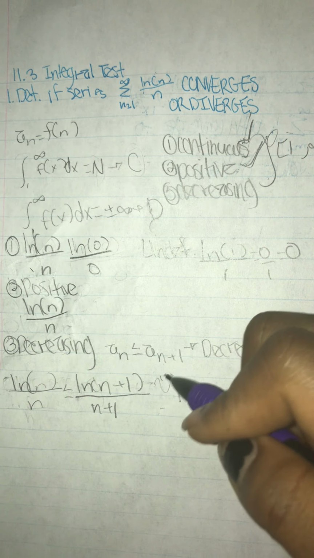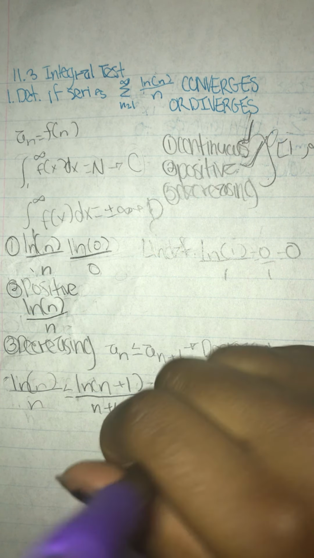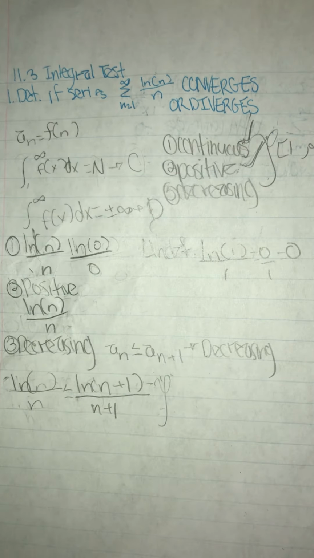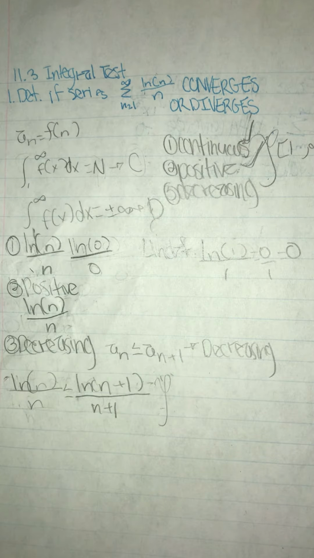If you're unsure about this, because sometimes questions can make you confused, you can also take the first derivative of your function, and if your derivative is negative, then your function is decreasing.